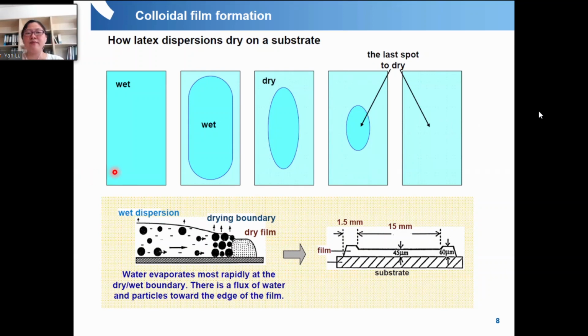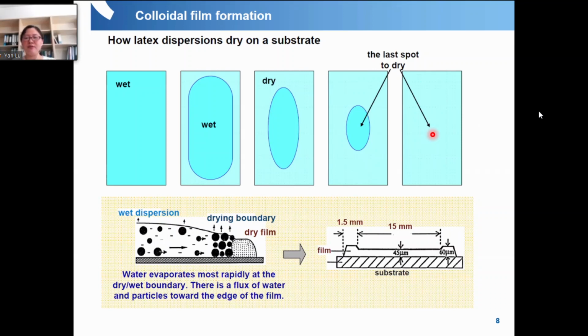You have a wet colloidal solution on a substrate, then it starts to dry. And then during the drying, you will see the wet colloid droplet is shrinking, getting smaller and smaller. You have a dry surface of the film. And then in the end, the whole film is totally dried. So the film is then formed.